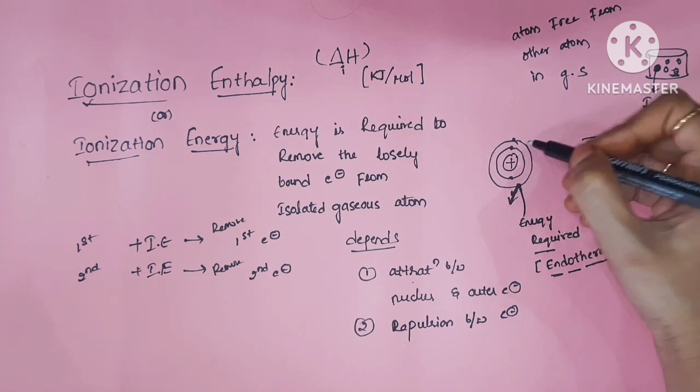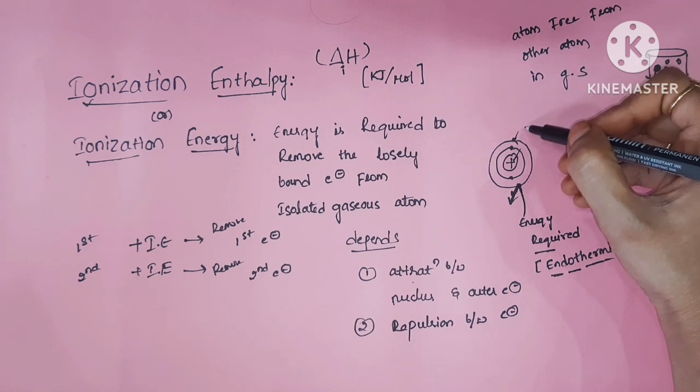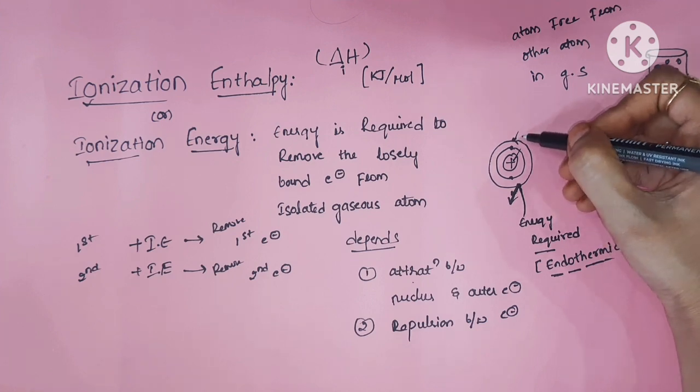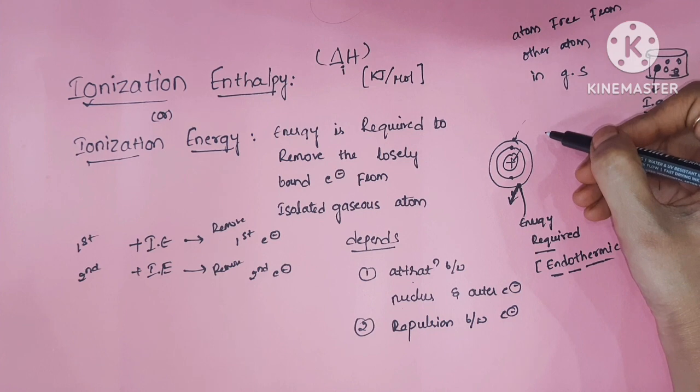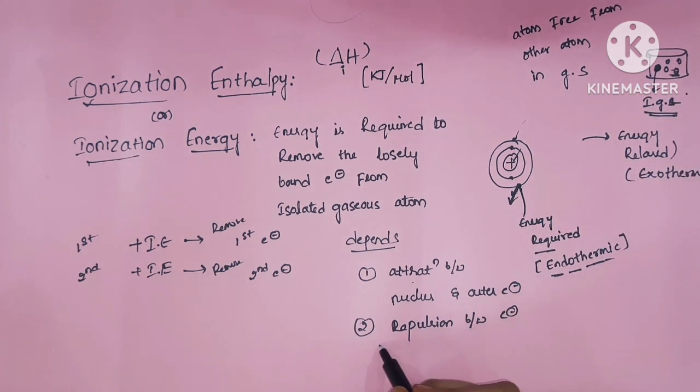If the attraction between the nucleus and outer electrons is very high, then we can't remove the electron from it, so higher energy is required. The second factor is the repulsion between the electrons.